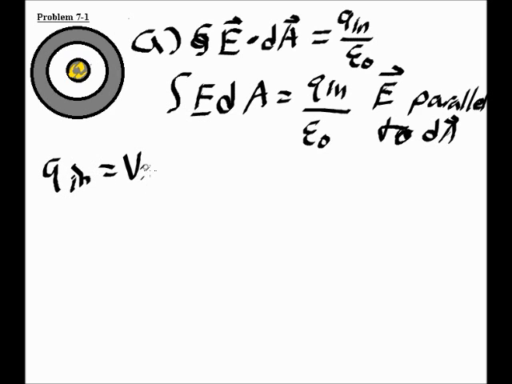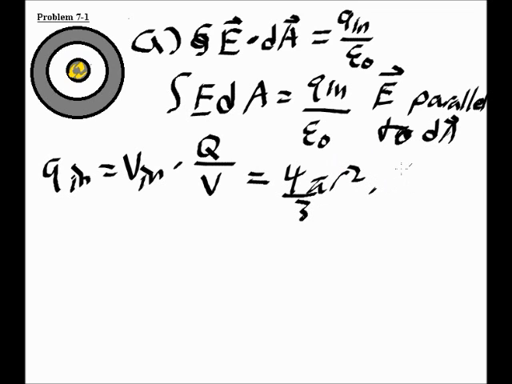the volume inside the sphere times the volume density of the sphere, which can be found by the total charge over the total volume. So this equals 4/3 pi little r cubed times big Q over 4/3 pi big R cubed.